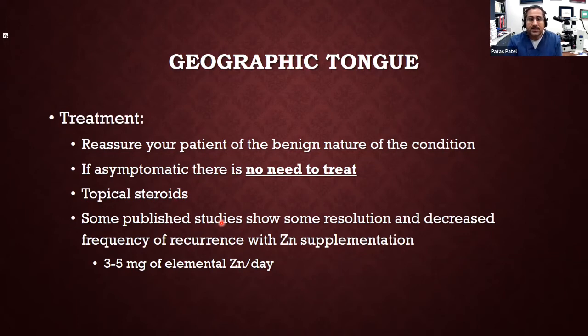But in most cases, I've used topical steroids such as Lidex or fluocinolone 0.05%, the gel form, and they apply it 2 to 3 times a day, making sure that you discuss that anytime we're using a topical steroid in our mouth, we also have the chance of a little bit of systemic absorption, which is very uncommon to actually get adrenal suppression from this, but it has been reported.